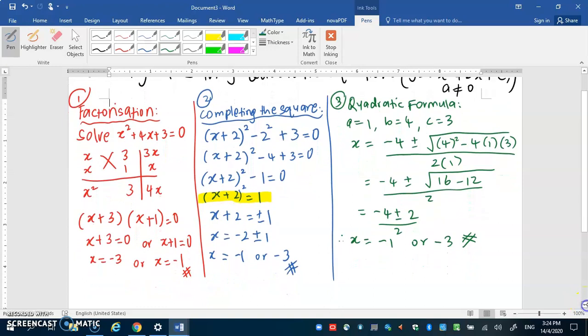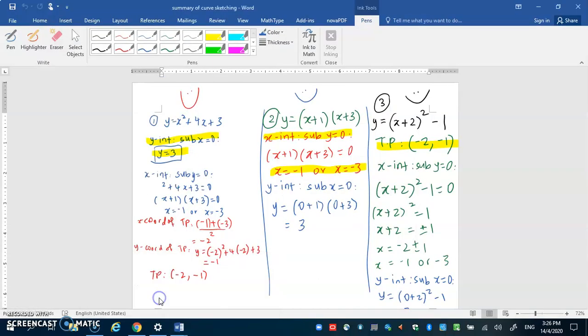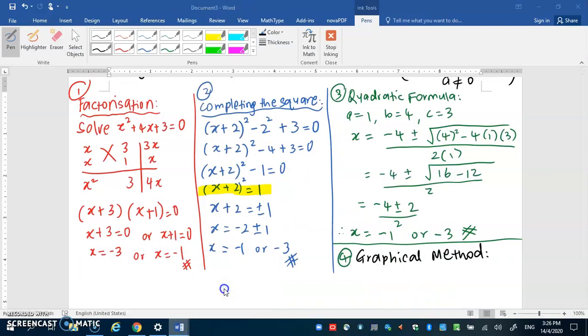Okay, now the last method that you guys just learned this week is the graphical method. Okay, the graphical method. Okay, why is that so? What is this graphical method talking about?